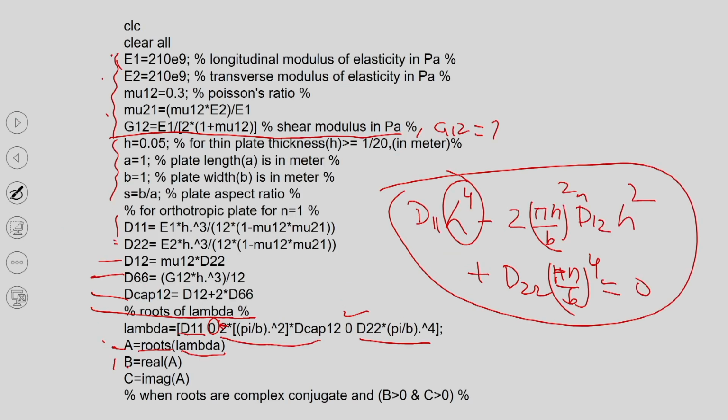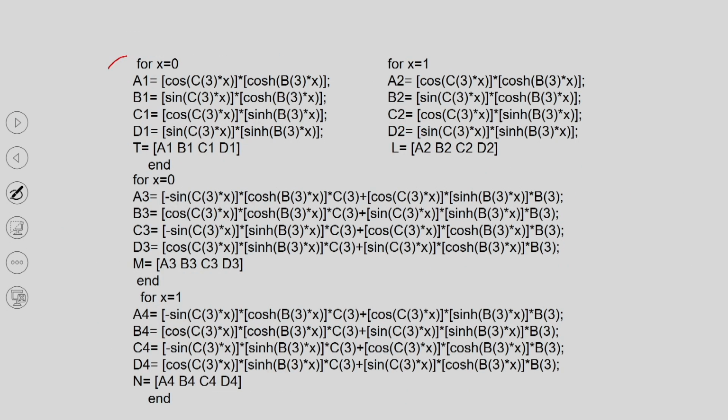The same thing we have written in terms of a code for x equal to 0. The coefficients A1, B1, C1 and D1 are arranged in the form of a row vector. You evaluate. Similarly, x is equal to 1, so you have to put that in here: A2, B2, C2 like that.